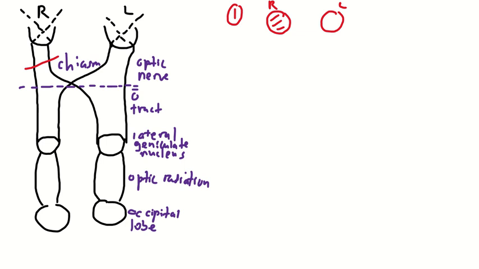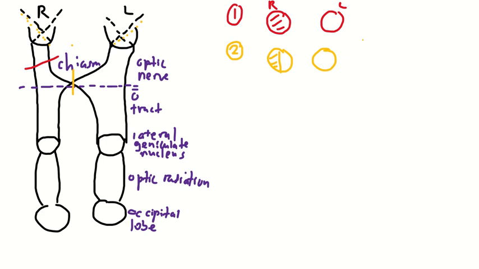Number two, when the optic chiasm is affected, you will see that this side and this side will be affected. So you see that the temporal part is affected.